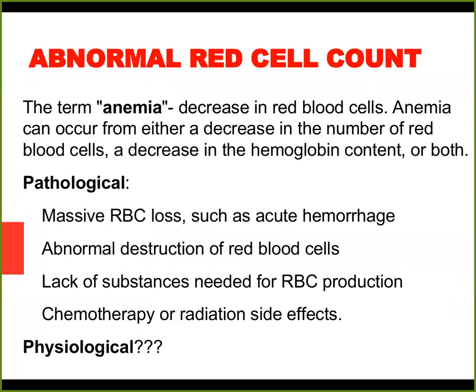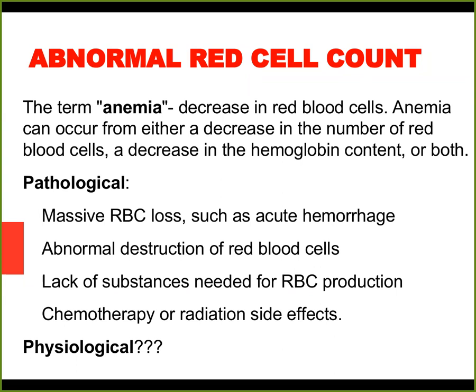For clinical aims, it's highly important to measure the level of red blood cells. You understand, because a decreased level of red blood cells leads to a decrease in transport function. That's why it's very important. And a decreasing level of red blood cells is named anemia. If a person has a decreased level compared to normal values, we talk about anemia. We have many types of anemia.